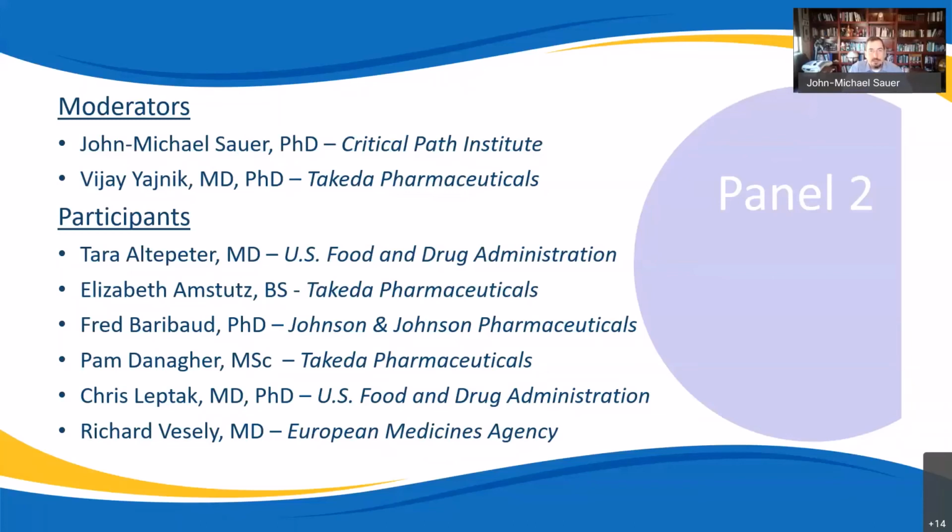Yeah, thanks for the opportunity to comment. I think, as you think about what needs to be done to move through the processes, it's really aligning on the context of use. I think you've touched on it yourself a couple of times, John Michael. That's really critical.